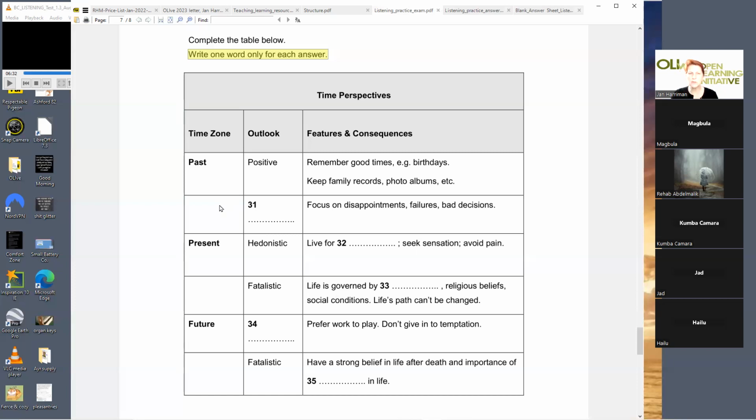So that's the great thing. When we've got a chart like this, we can anticipate answers. It's always nice to listen for something and find out, oh, I was right, or no, it's something else. So that's nice.